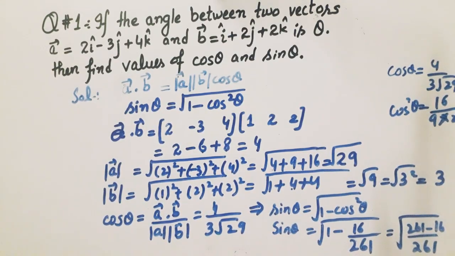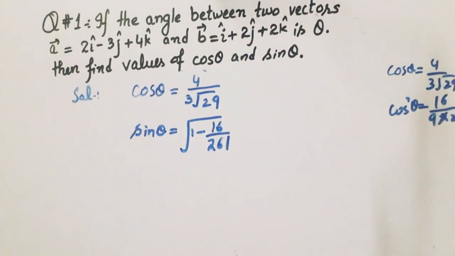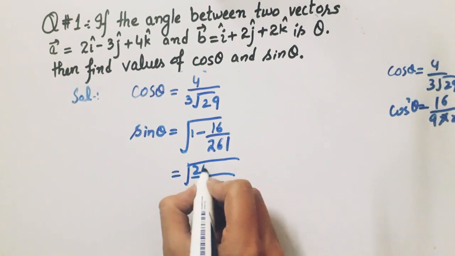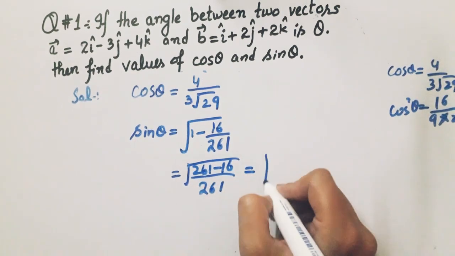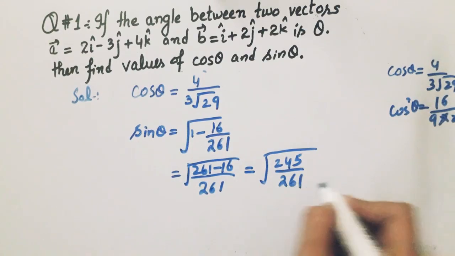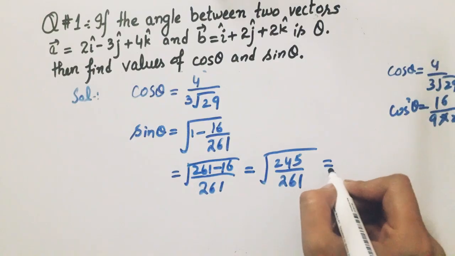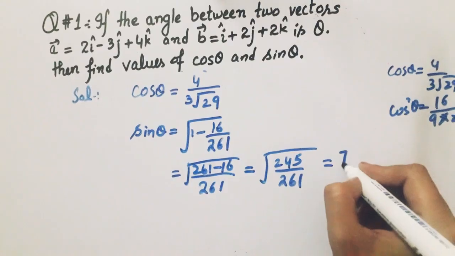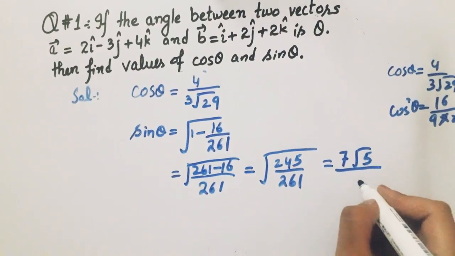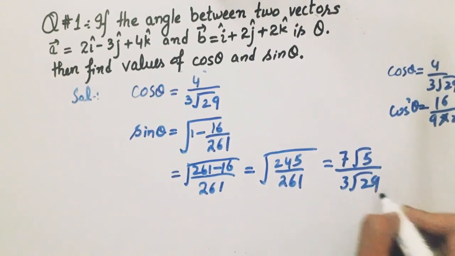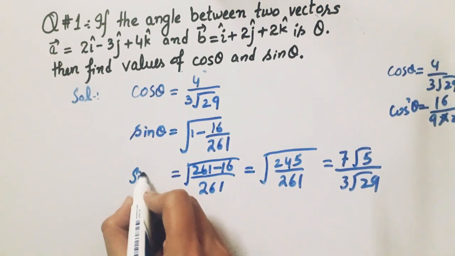So we have sin theta equal to, by taking LCM, 261 minus 16 is equal to 245 by 261. Now by taking the square root of this, it will become 7 square root 5 by 3 square root 29. So this is the value of sin theta.